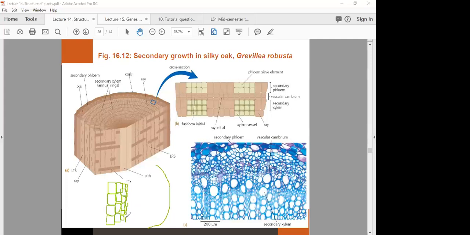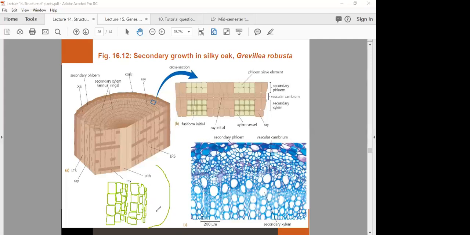All right, then growth might stop or slow right down. Then we hit the new growth season. Again, fast growth, large secondary xylem cells. And that continues. There's a new layer of cells that's put down, and then we hit the end of the growing season and they become smaller and smaller.